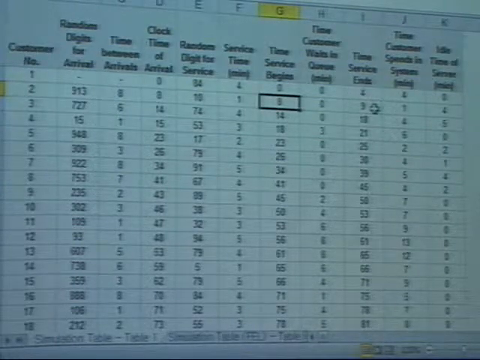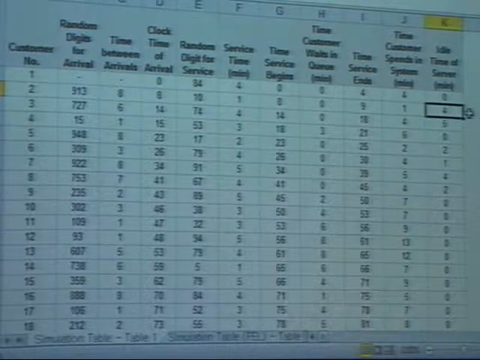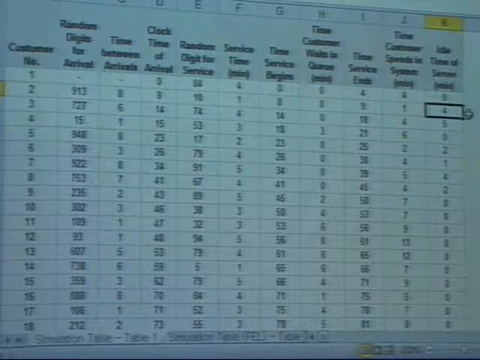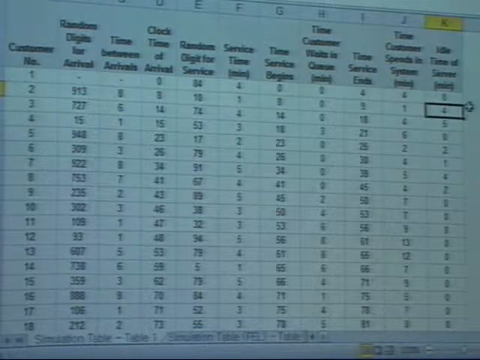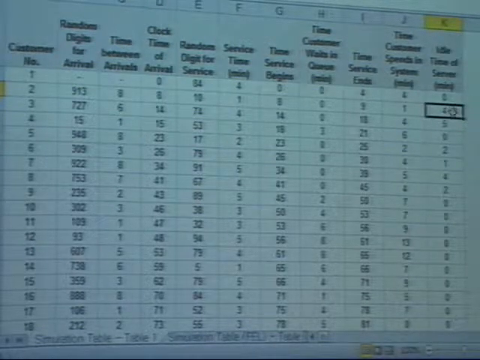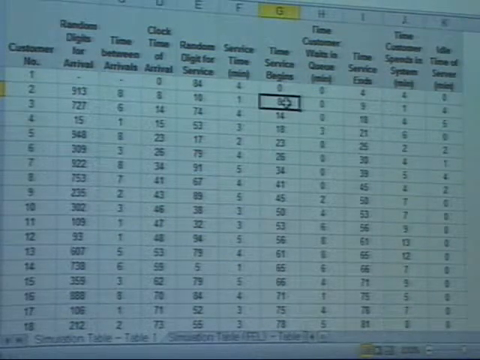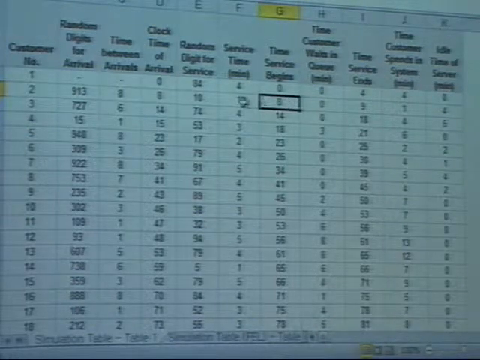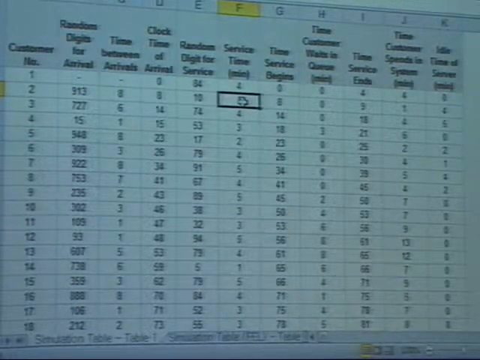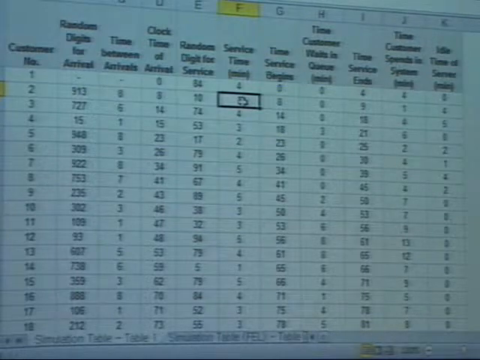So 8 minus 4. During 4 minutes, server was idle because it doesn't have any customers to serve. Okay? And the second customer requires only 1 minute of service time.